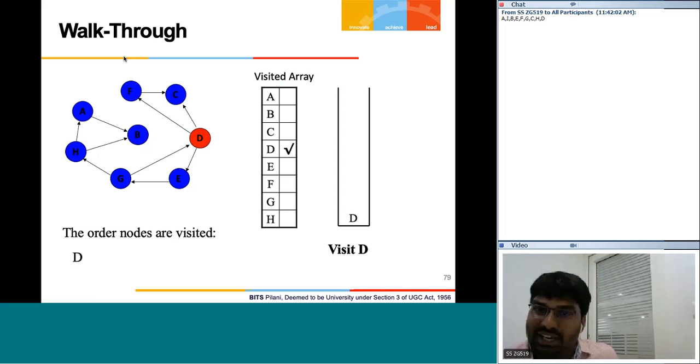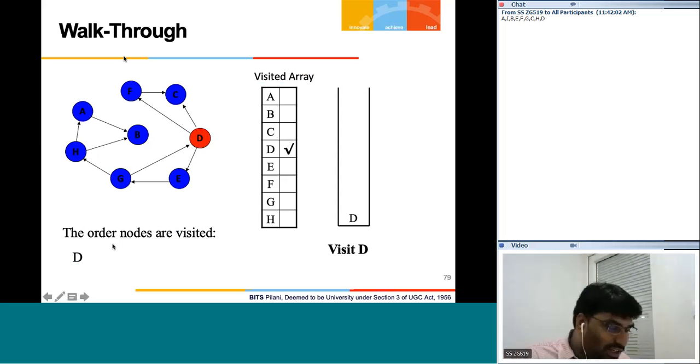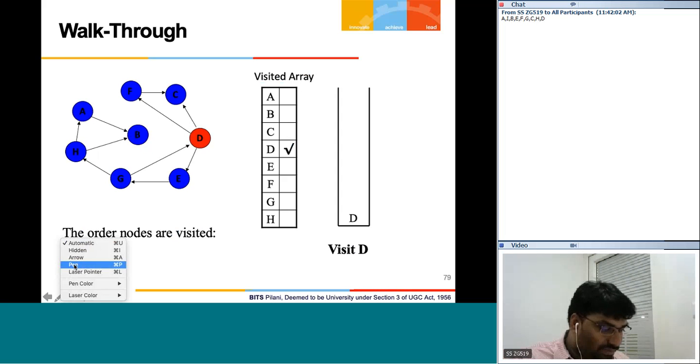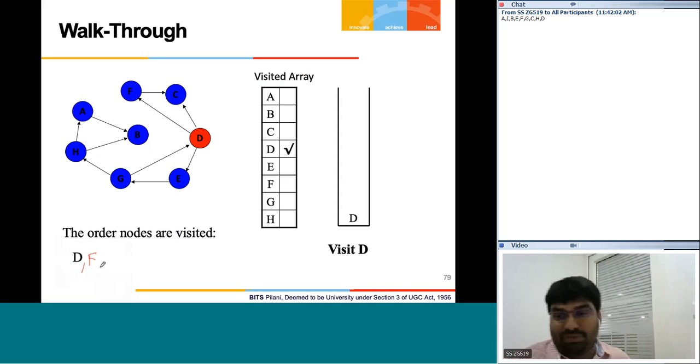If I choose F, your order, instead of D, C, becomes D, comma F. After F, my next choice will be C, right? So what will happen? D, F, I will go to C. Is this a valid method which I can do?